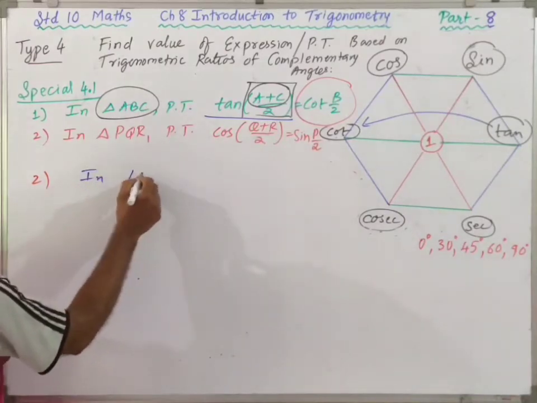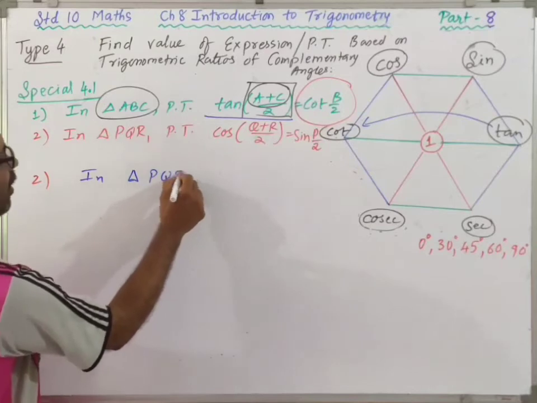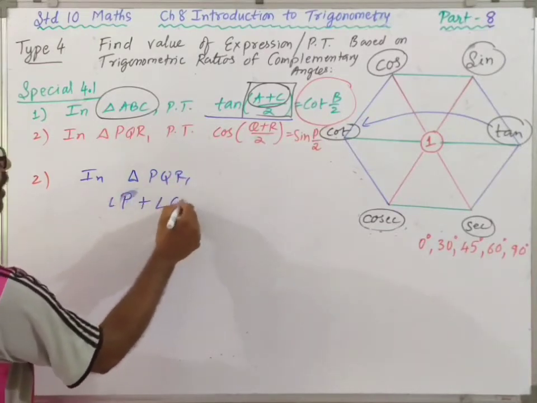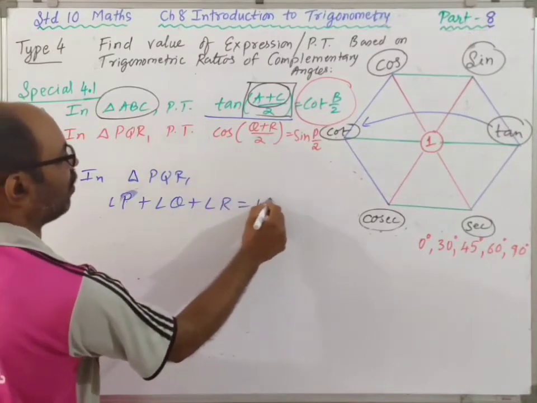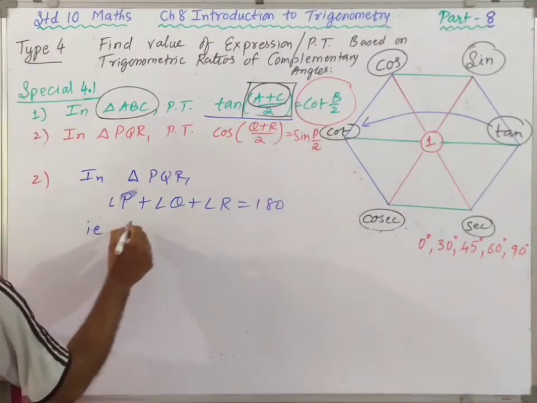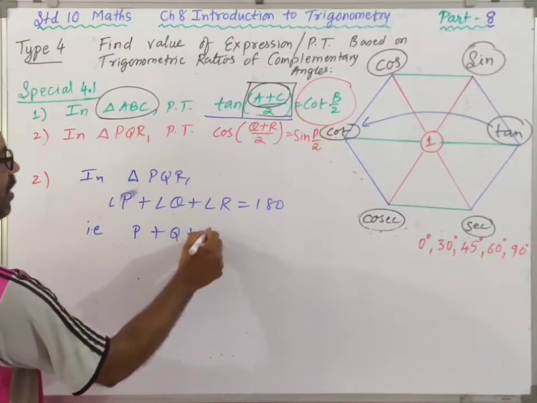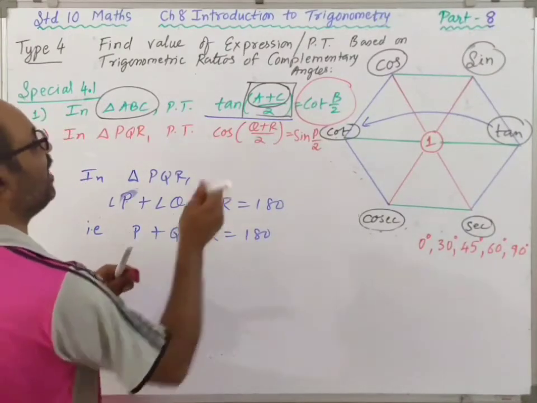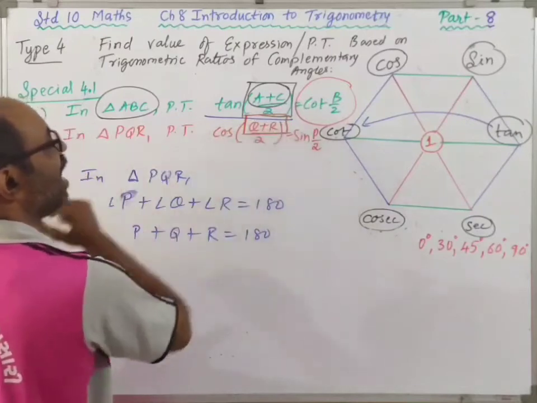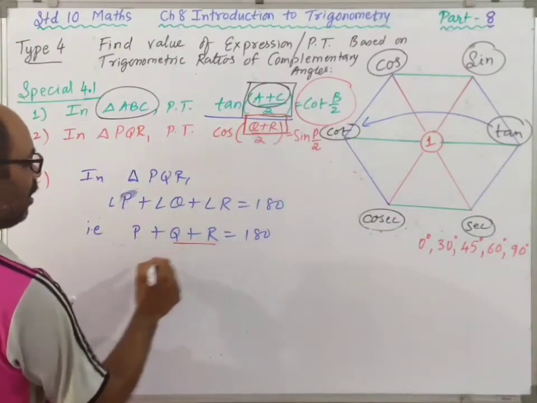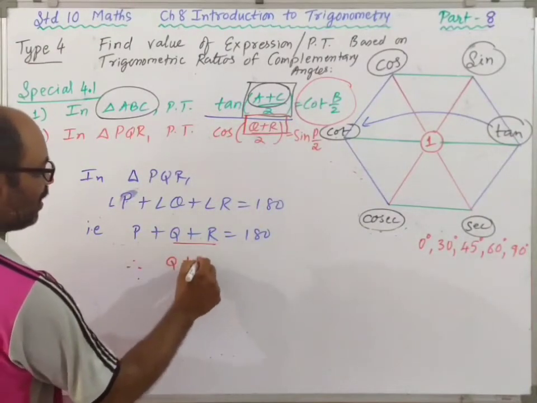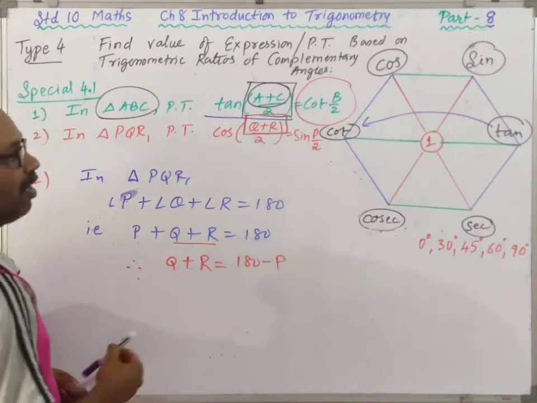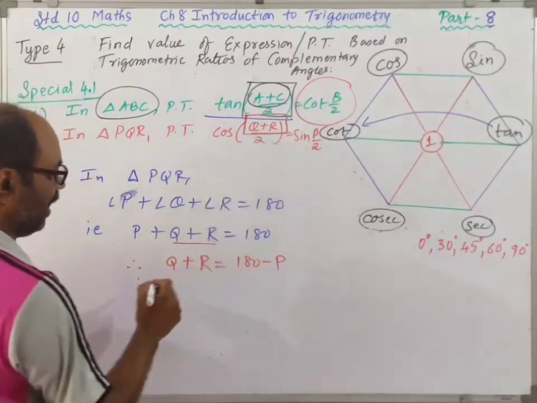All right, in triangle PQR, angle P plus angle Q plus angle R is equal to 180, i.e. P plus Q plus R is equal to 180. You need Q plus R, so keep Q and R, therefore Q plus R is equal to 180 minus P. Multiplying half on both sides.